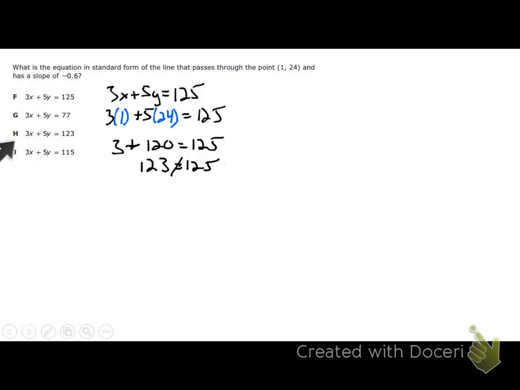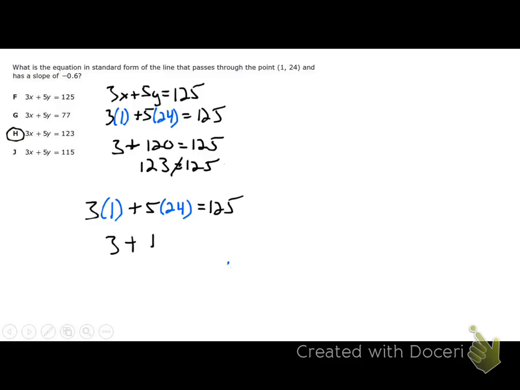But hopefully I'm looking right here and I'm seeing, oh, okay. If I look at answer choice H, I know that if I substitute my x coordinate of 1 in for x, and if I substitute my y coordinate of 24 in for y, we can simplify.